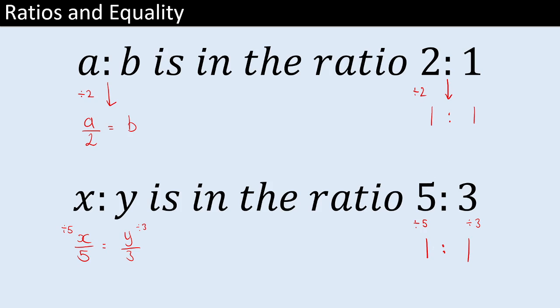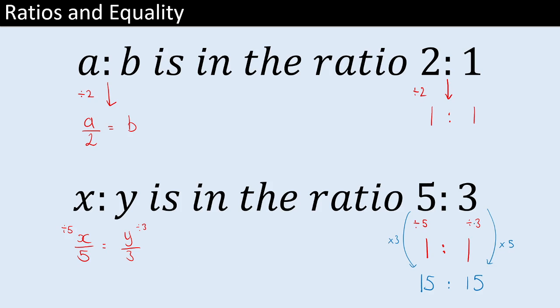So rather than scaling down, I can scale up. Now, 5 and 3, we all know that they both go into 15. Now 3 times 5 would get me to 15, and 5 times 3 would get me to 15.